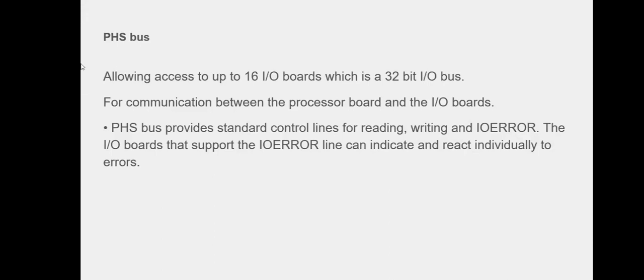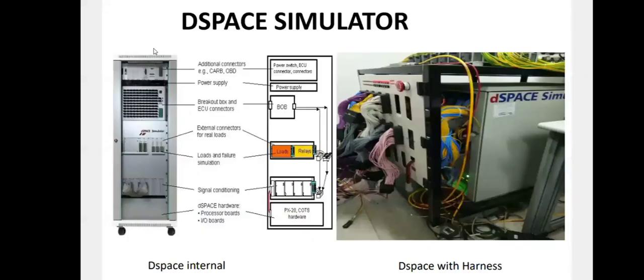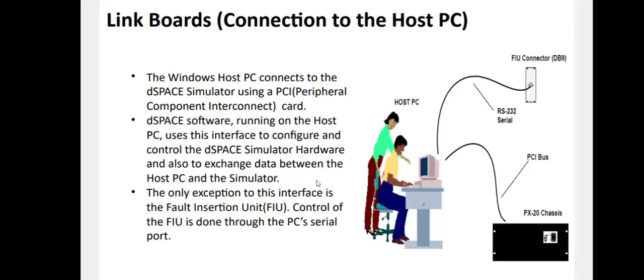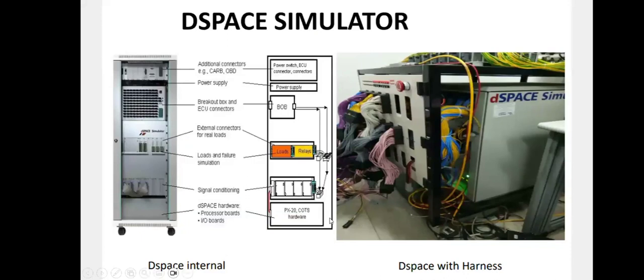What it will do is allow access to up to 16 IO boards, which are 32-bit IO boards. So IO boards will be there, right? If you see here, the processor, there will be IO boards. From the host PC to this simulator is the PCI bus. In this simulator there are IO boards and processor boards.